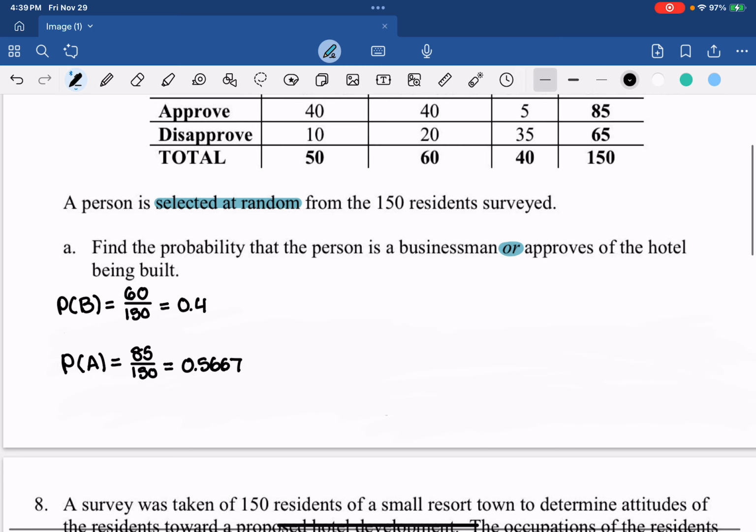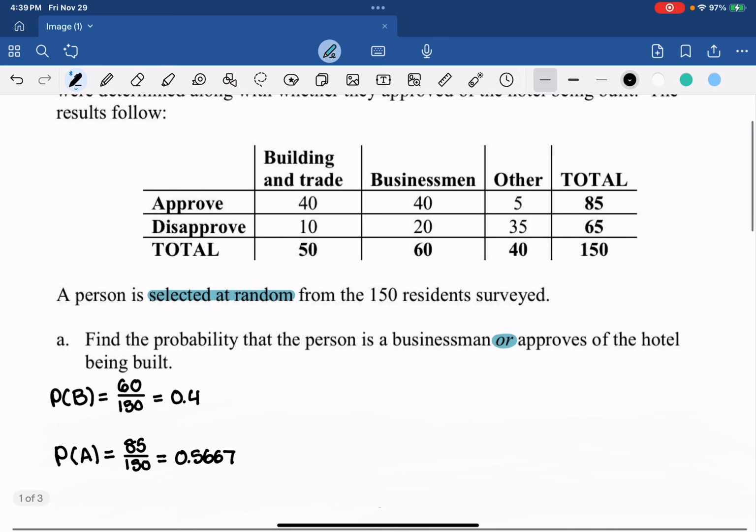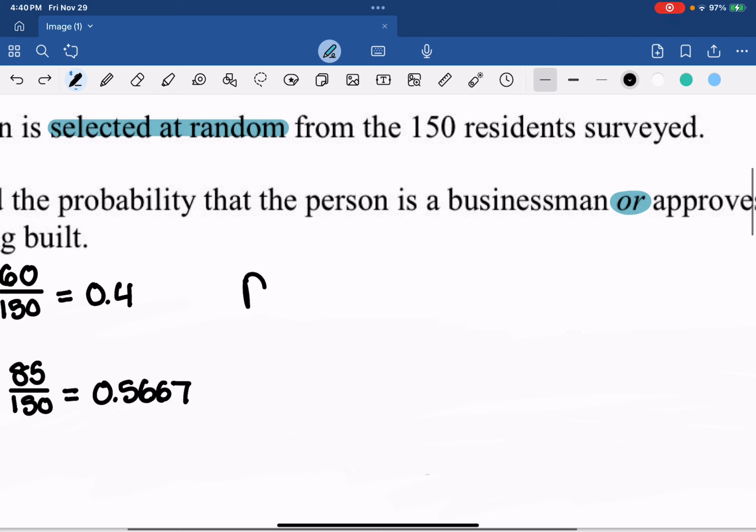But now we need to find the probability that the person is a businessman approving the hotel. So we go down to approve, and we find businessman, which is right there. Okay, so approved and businessman is 40, and again, of the 150. So we have to do businessman and approved, because it's "and."